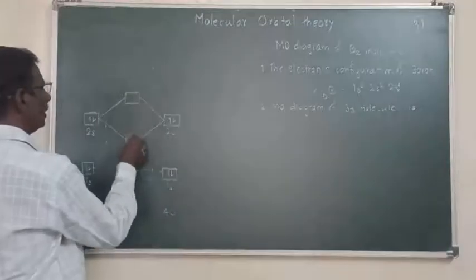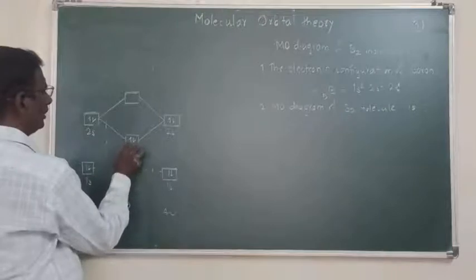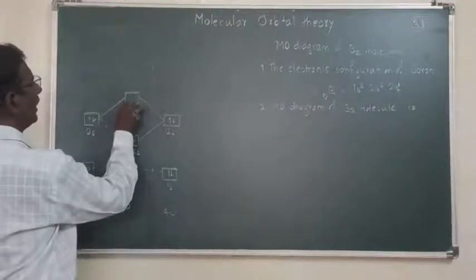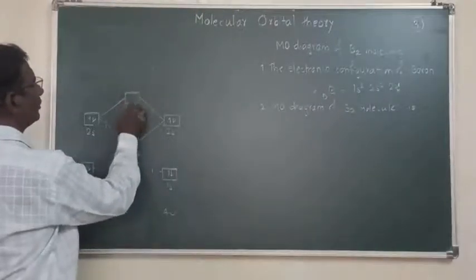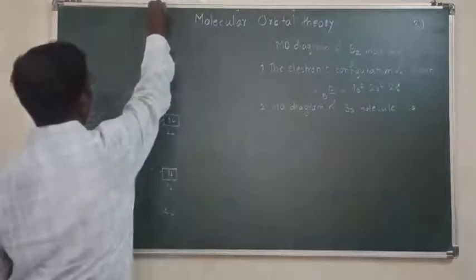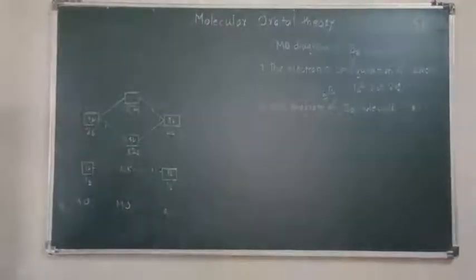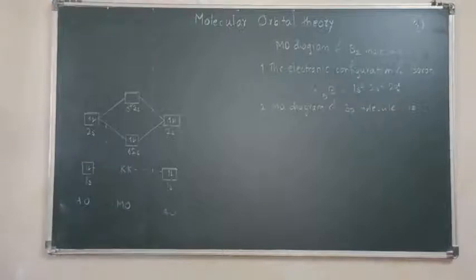Then electrons transfer to the bonding molecular orbital, then antibonding molecular orbitals. At the time of examination, you should use more space or one page for MO diagrams of molecules.